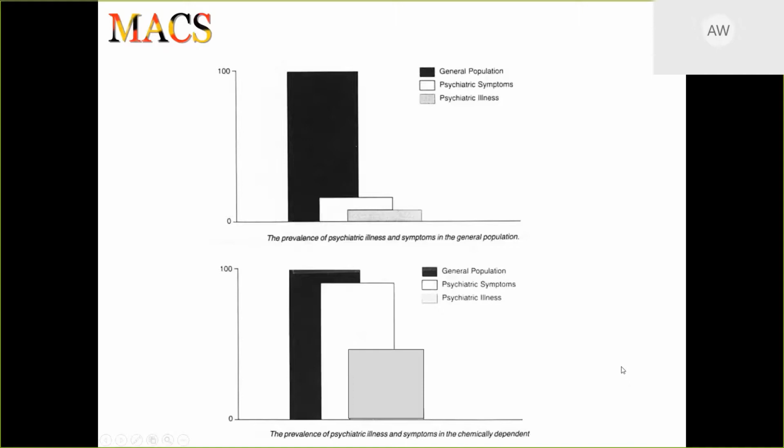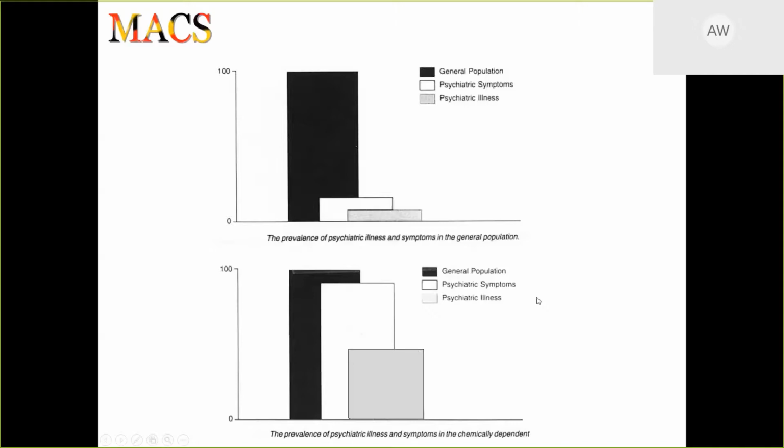As we start to talk about psychiatric diagnoses and psychiatric symptoms with substance use, it's really important to distinguish that, the numbers don't really matter, but look at people who have psychiatric symptoms in the general public and then actual psychiatric illness versus people who also use substances.